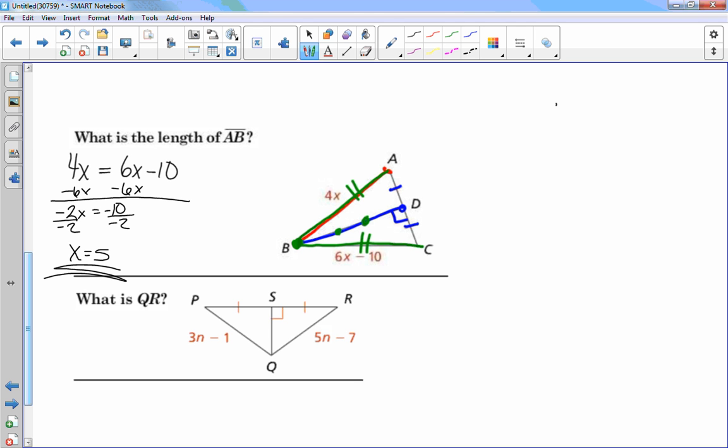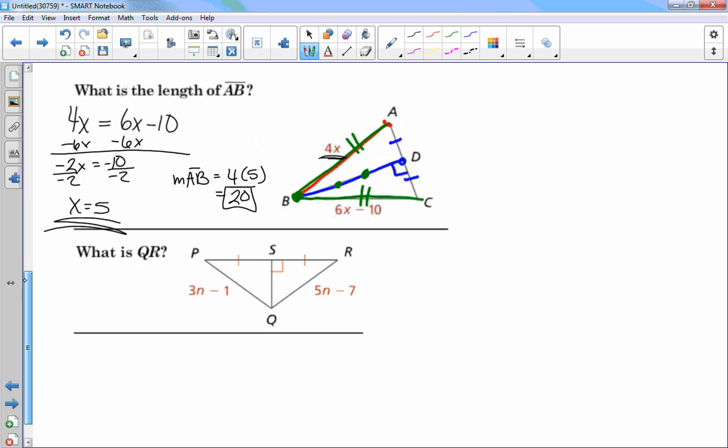Just like in our last test, you have to be careful. Sometimes it asks for the value of x, sometimes it asks for the measurement. Once we have this x, how do we find the length of AB? Plug it in. Good. So if AB is 4 times x, the measurement of AB has to be 4 times 5, which is 20.